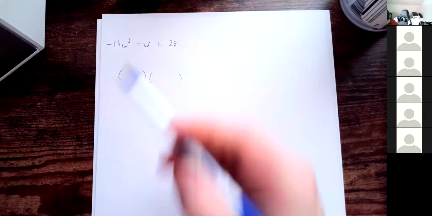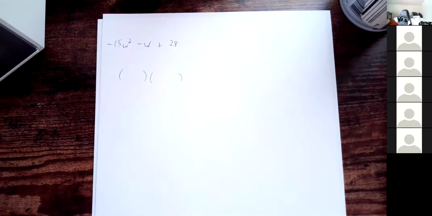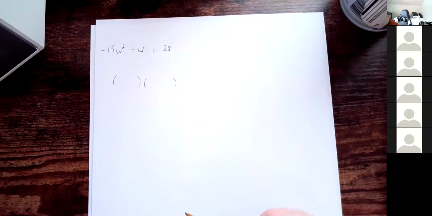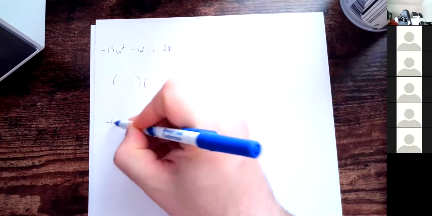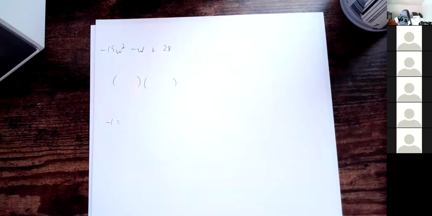And what about this middle term? I was trying to take my advice from the last problem, and I was thinking, well, the negative 1 in front of the w, what are ways that I can get negative 1 from multiplying 7 and 3, or 7 and 5, and multiplying 4 and 5, or 4 and 3.